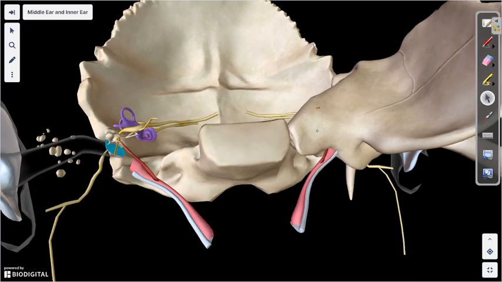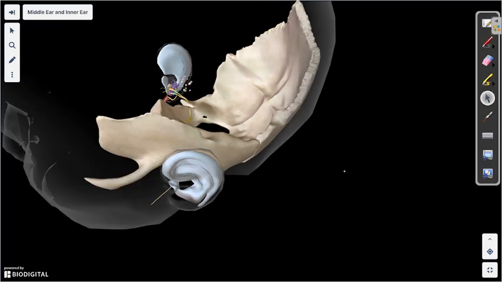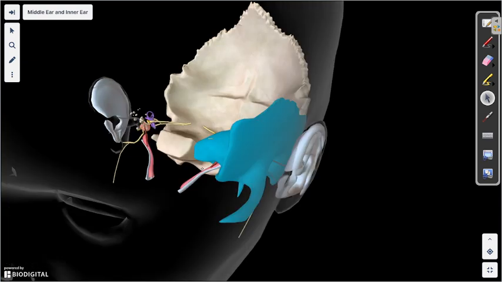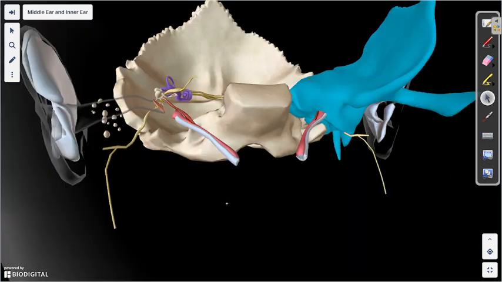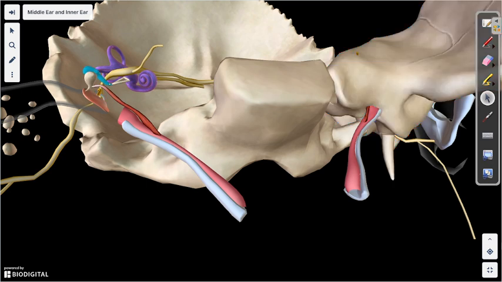Great. Now the middle ear. Now if you look at your anatomy, right here we have this bone. This bone is your occipital bone. That's where you find your inner and middle ear. So what makes up the middle ear? The middle ear is made up of your ossicles.